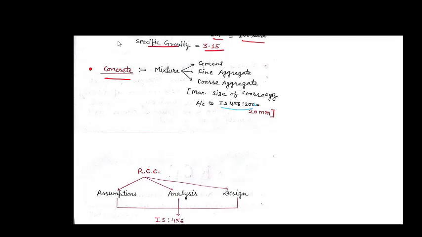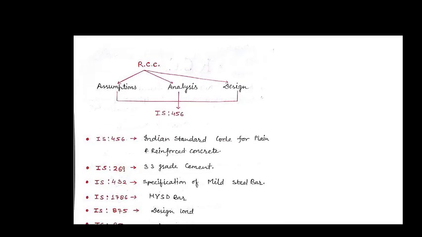456-2000. Okay, I have already mentioned in my previous lecture that we will use a code for the RCC construction which is IS 456-2000. So while making RCC we have to go through these three parameters. First is assumptions, analysis and design.